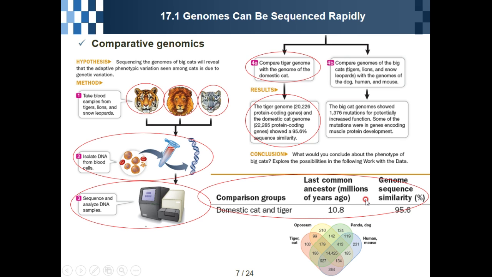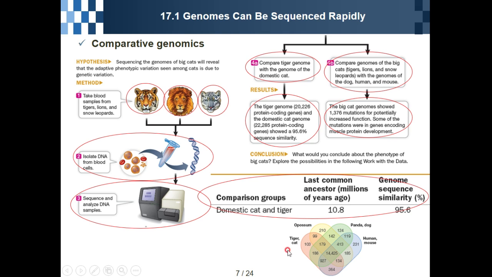Another case is that they compare the genomes of the big cats. For example, they have information on tiger, lion, and leopards. They compare these genomes with the genomes of dog, human, and mouse. They found that the big cat genome has around 1,300 mutations compared to the human or mouse or dog.